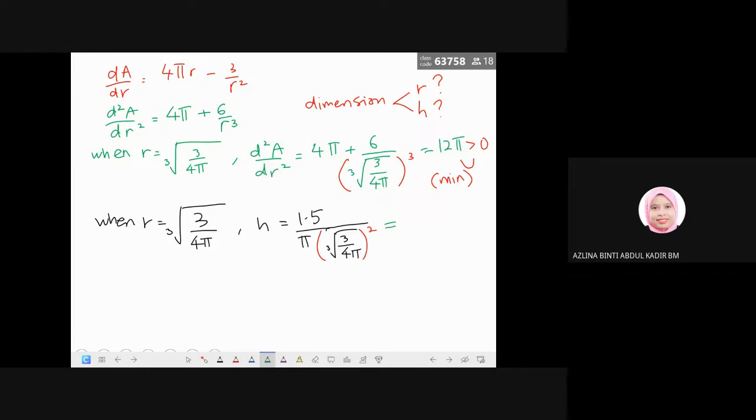So H is equals to berapa Hazwani? Azam? Hafiz? Sekejap. Dalam point form. 1 point. Faham?